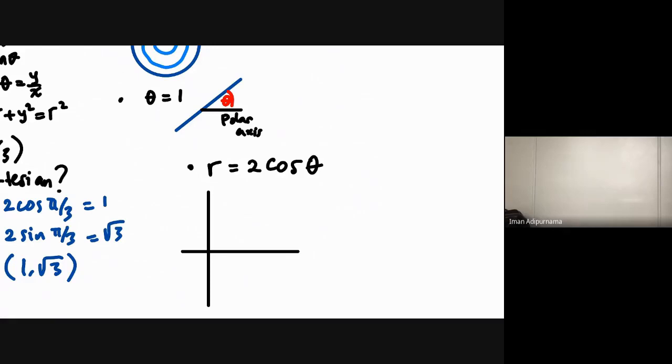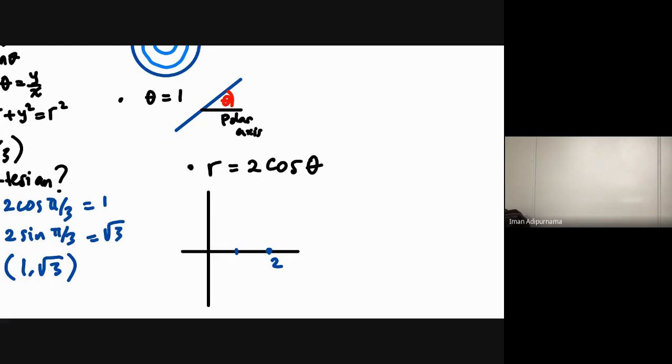This is just to help draw the polar equations. So this is the polar axis. Let's start from theta equals 0. Theta equals 0, cosine 0 is 1. So radius 2, right? So maybe I will write here, maybe this is 1, and then 2. So I start from here. And then you need to increase the angle. Maybe the easiest one, pi over 3. Cosine is half, right? So it's 1, so maybe here.